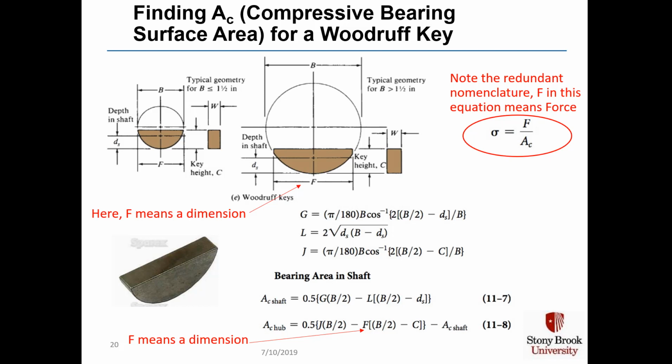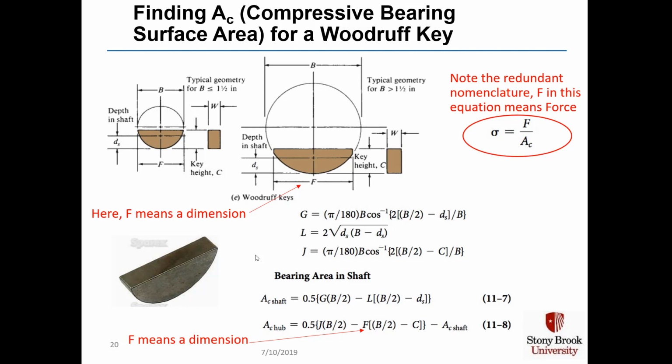And you have to be careful in this nomenclature that there is, in these formulas down at the bottom, a dimension F, which is the total width of the Woodruff key as it sits in the shaft. So F that I'm showing you here does not mean force F. We have these 3 constants G, L, and J that you calculate per formula.